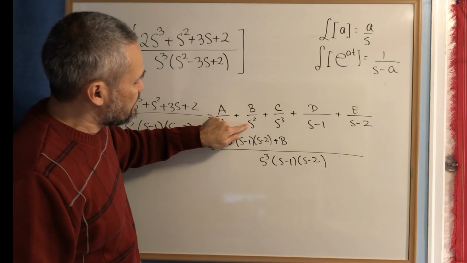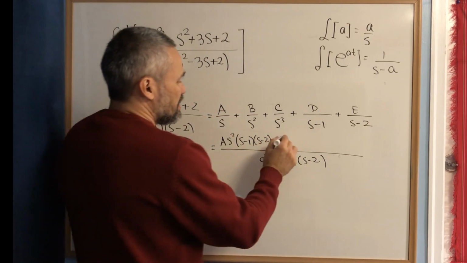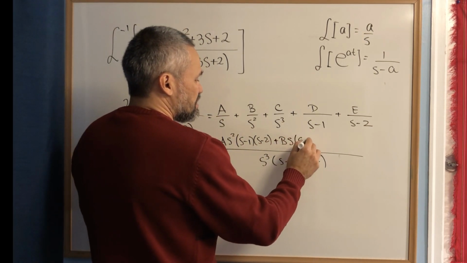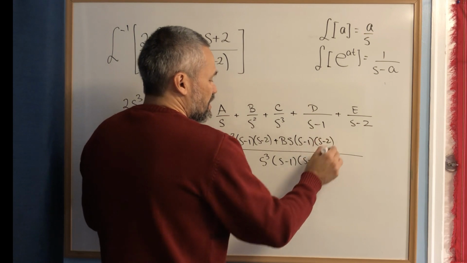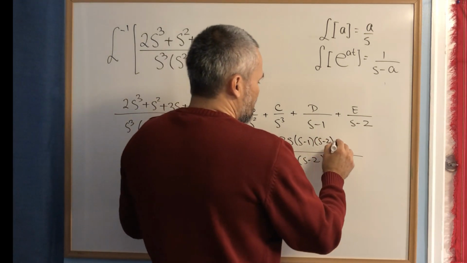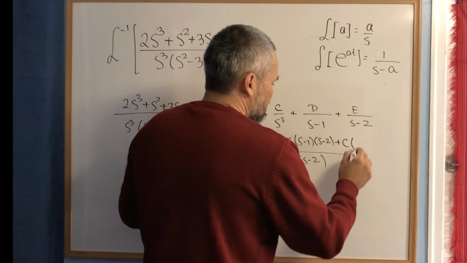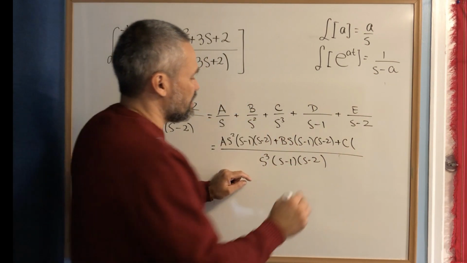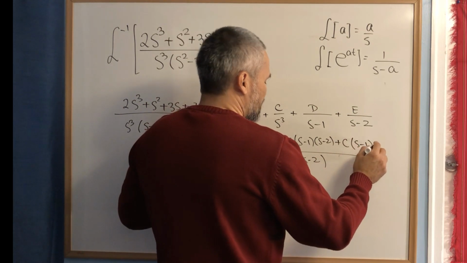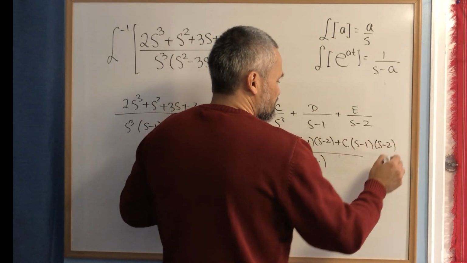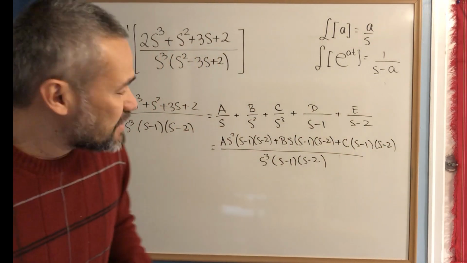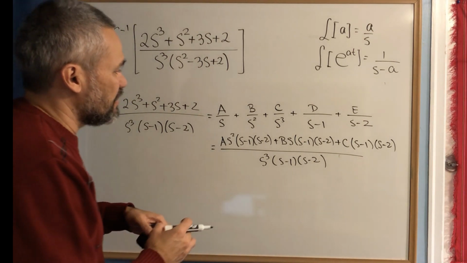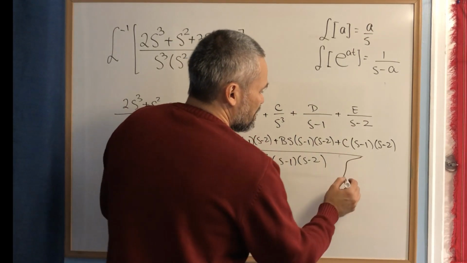What is missing to be this denominator? Missing an s times s minus 1 times s minus 2, and plus c. What is missing the s cubed to be this denominator? s minus 1 times s minus 2. And I just realized that this is not going to fit here. Let me just continue here.